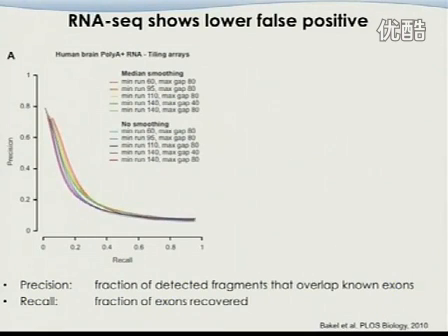What they used is a microarray platform called tiling array. How many of you know this technology? All right, a couple. Basically, it's still microarray, but they wanted to achieve the same goal as we are doing with RNA sequencing.